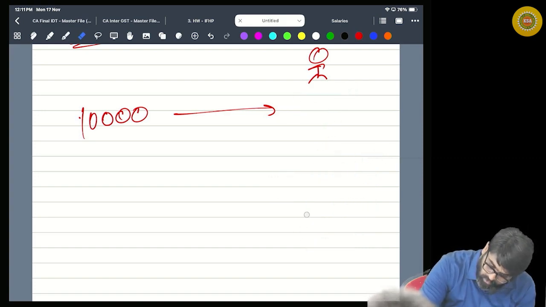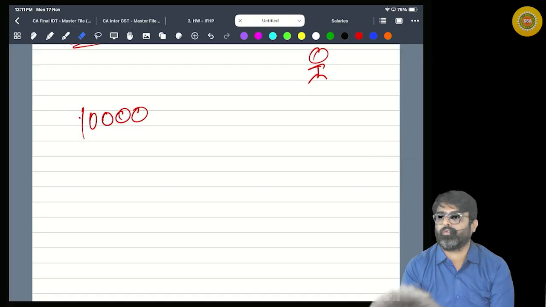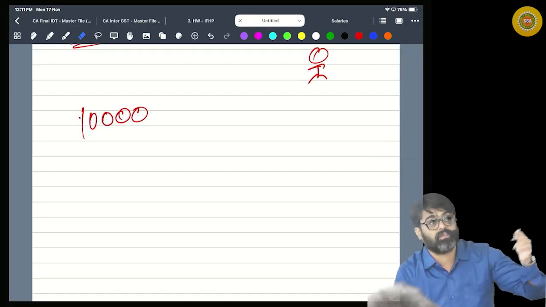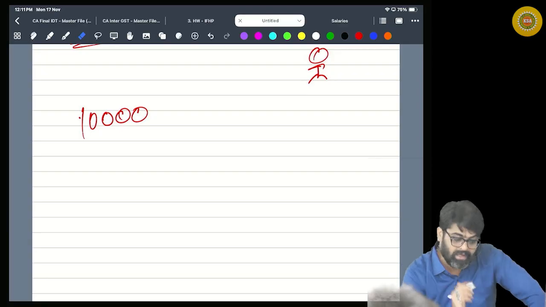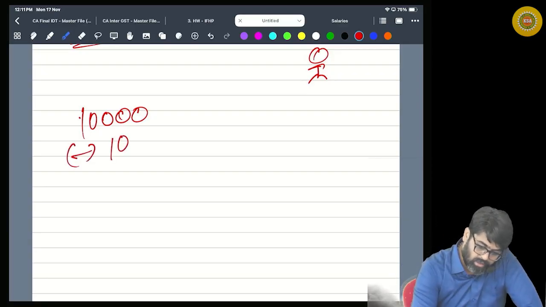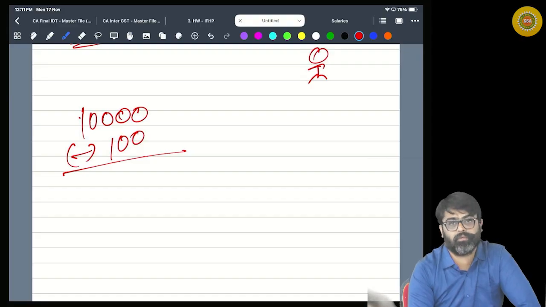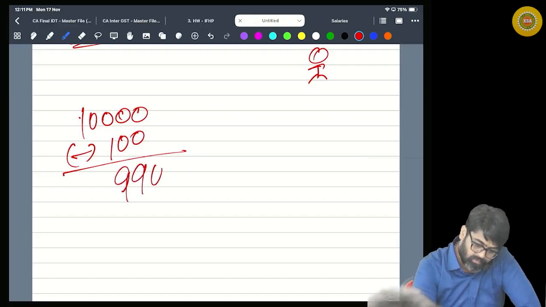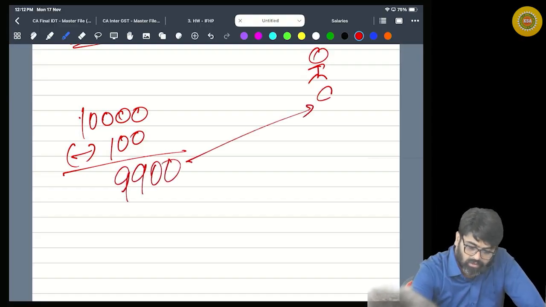Now, sometimes the employer will not give you the entire 10,000. Because if he gives you 10,000, there is no guarantee that out of that 10,000 you are going to pay 100 rupees professional tax. So what does the employer do? The employer deducts 100 rupees from your salary itself. And how much is there? 9,900. This 9,900 is given to the employee.